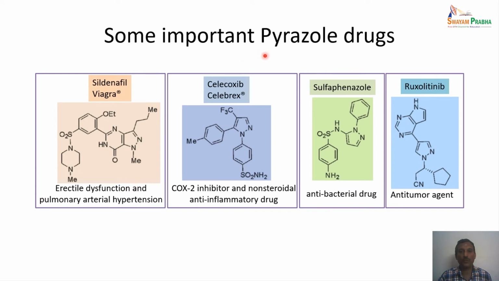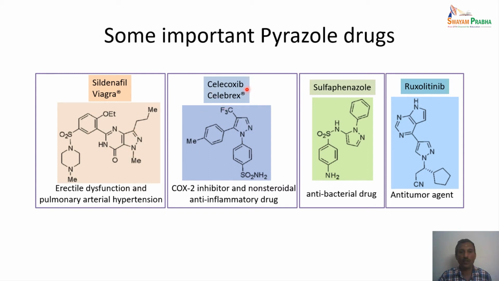Some of the important pyrazole drugs are shown here. Viagra is a very famous blockbuster drug, and sildenafil is the actual name for this compound. It is used for erectile dysfunction and pulmonary arterial hypertension. This unit is the pyrazole unit that is present in this particular drug.